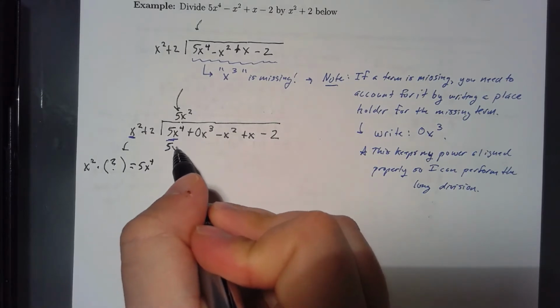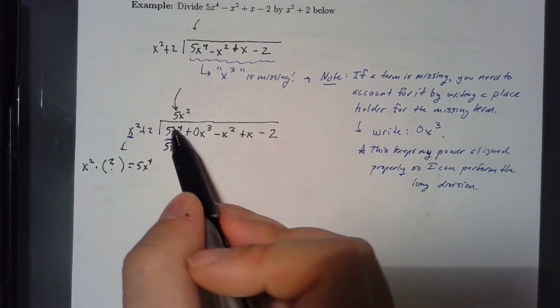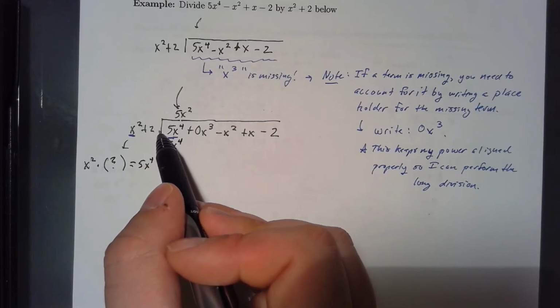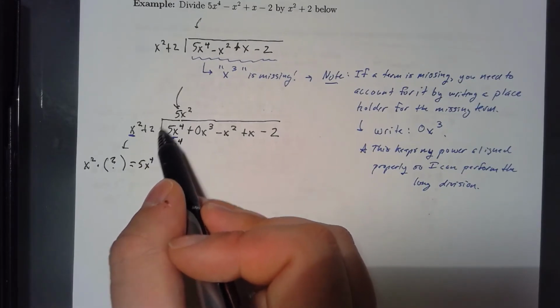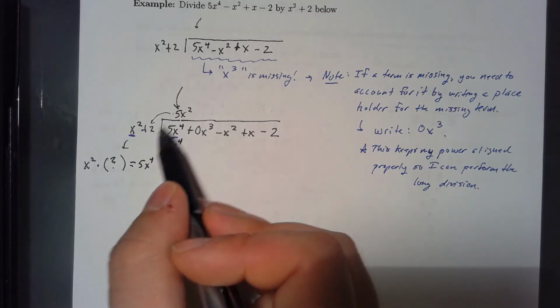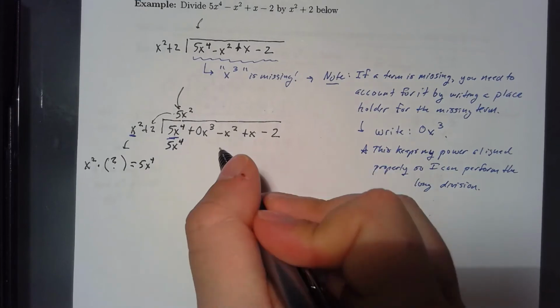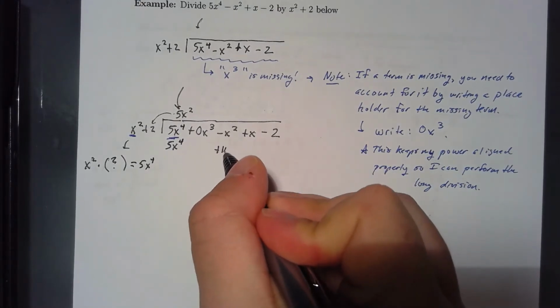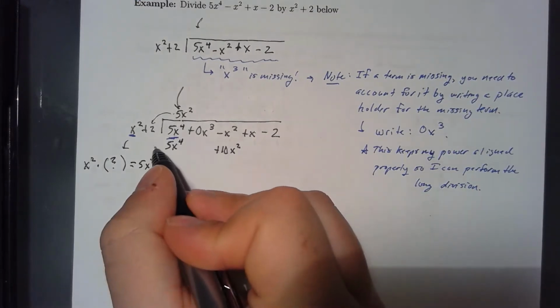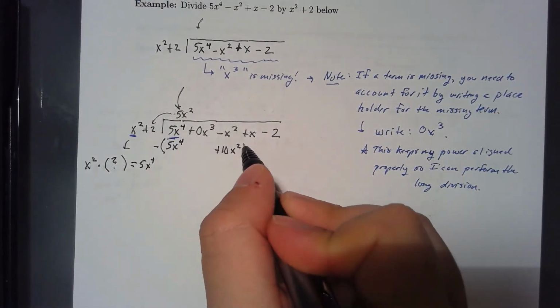I'm going to align that with the x to the 4th terms. And then 5x squared times 2 is going to be 10x squared. So I'm going to write that underneath the x squared terms. Now I'm going to subtract that whole thing from my dividend.